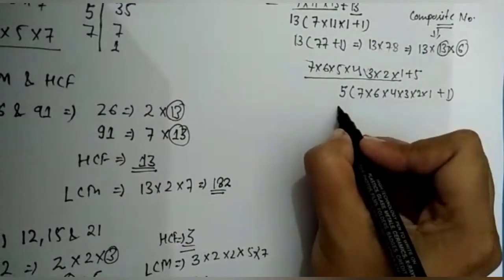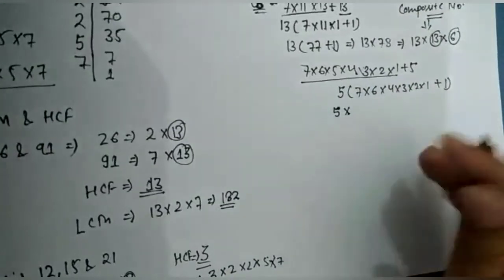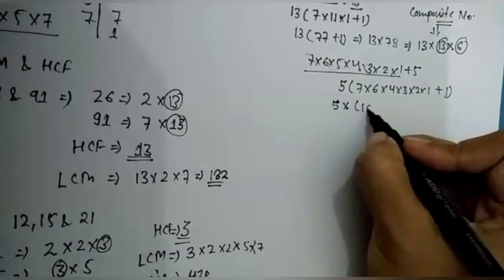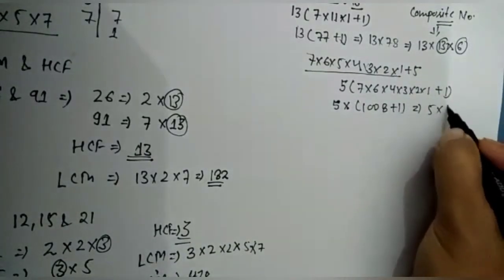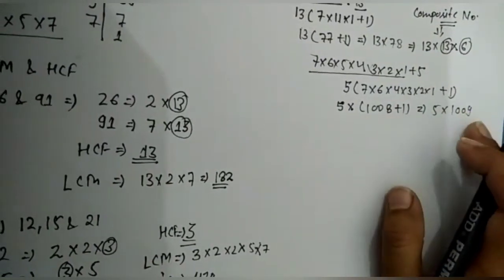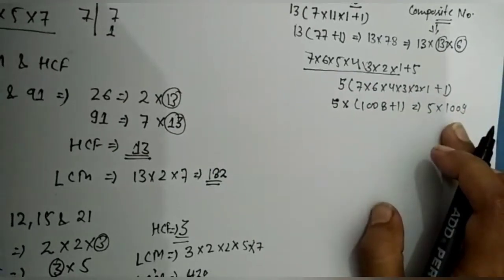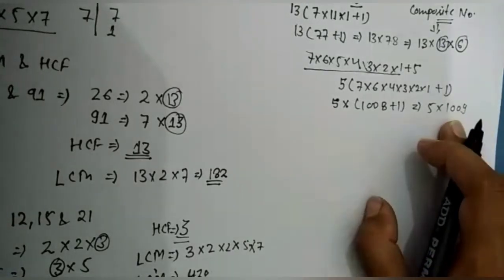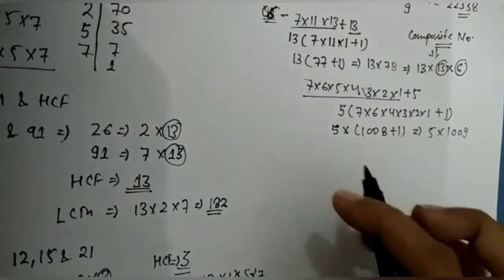Now you will get 5 into (1008 plus 1), that will be 5 into 1009. Here 1009 cannot be factorized further. Therefore, the given expression has 5 and 1009 as its factors. Hence, it's also a composite number. Is it clear? This is also an important question for your exams.